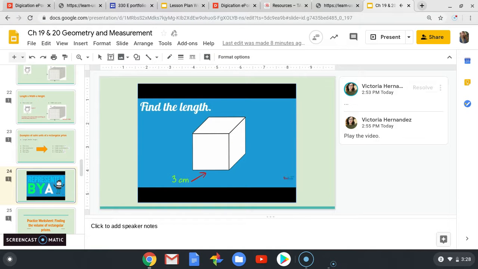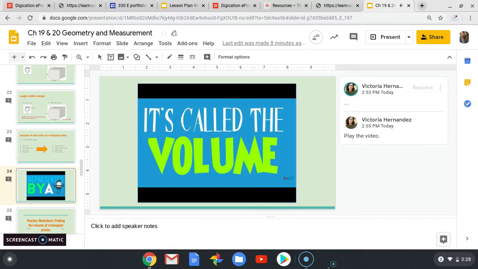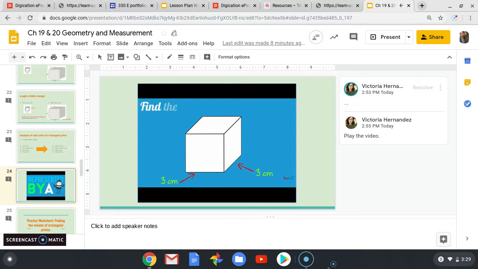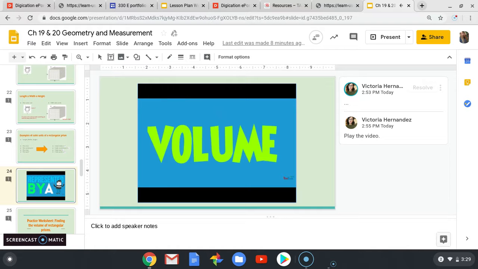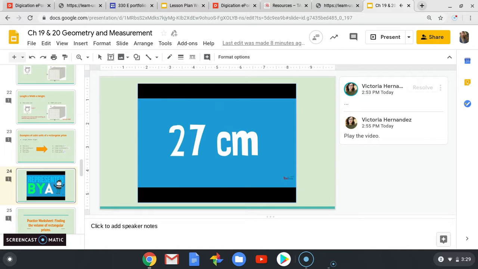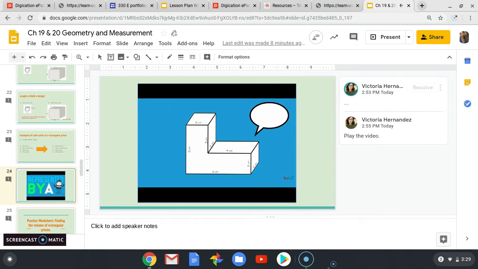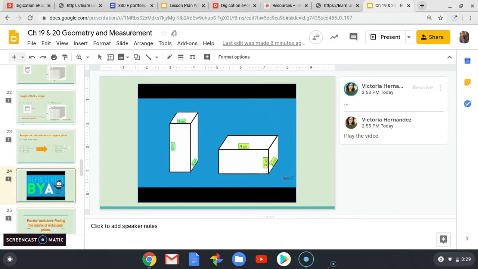The product, but that's not it. It's called the volume you have found. The volume. Don't forget it's cubic units. When it's irregular, what you gonna do? Divide that shape up into two. Find the volumes of each one separately.